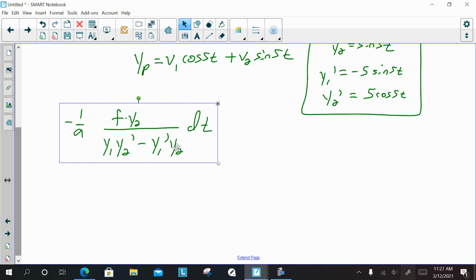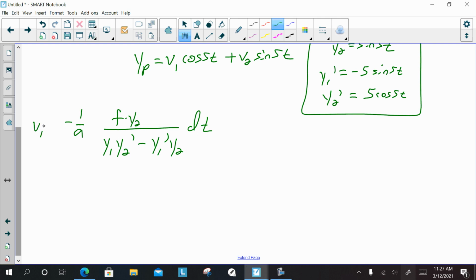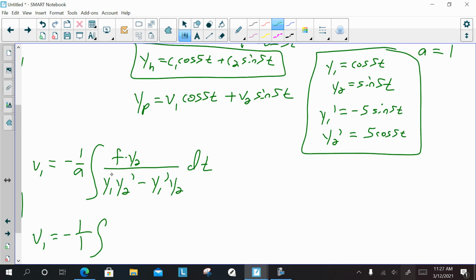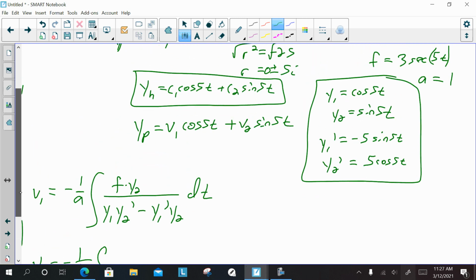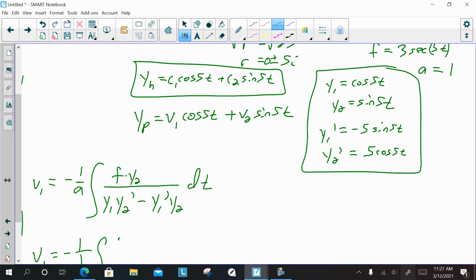So here is the formula for V1, and it didn't copy the integration symbol. So V1 is minus 1 over A, which is 1, times the integral of F. What was F? F is 3 secant of 5t.